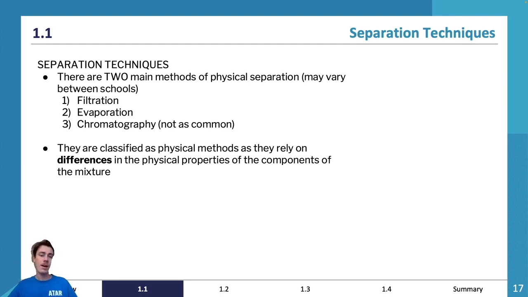You have a different color, you have this color. There's plenty of different physical properties you could use. Essentially, we look at those physical properties and we go, all right, you have this, you have that. How can we break them apart? So essentially, these are classified as physical methods as they rely on differences in the mixture.